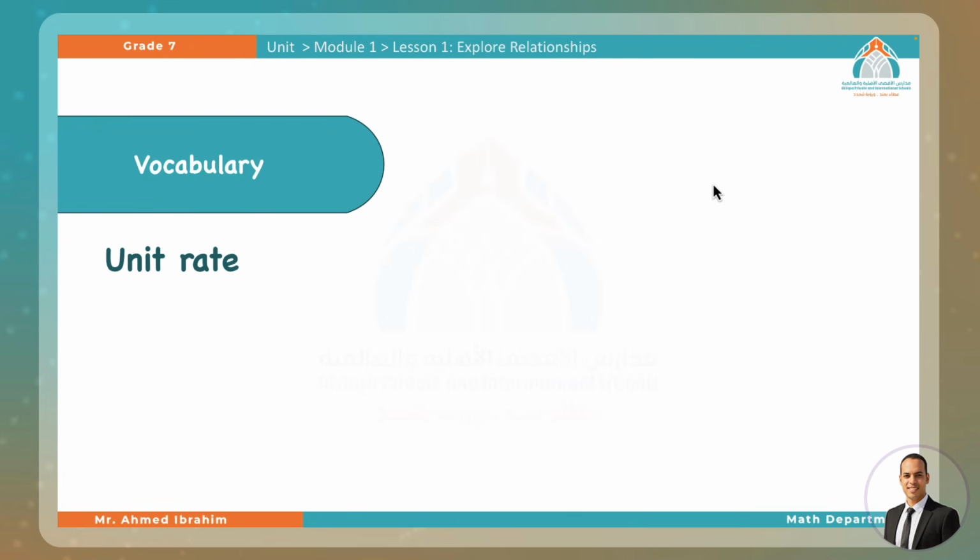So first, what is a unit rate? A unit rate is a comparison where one quantity is expressed per one unit of the other one. So let's say we have 60 kilometers for 2 hours. Okay, so this is a rate, but it is not a unit rate because it's for 2 hours.